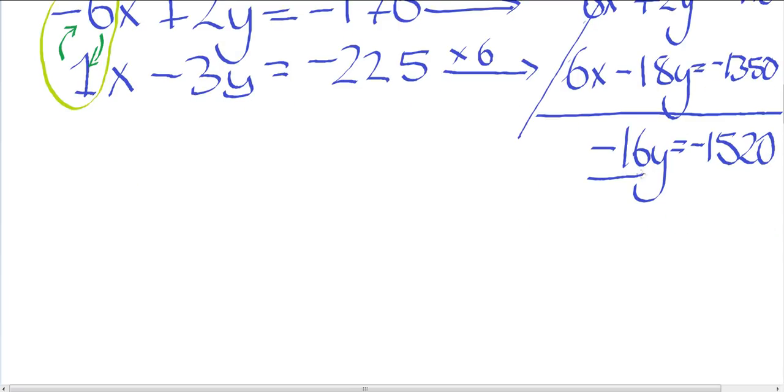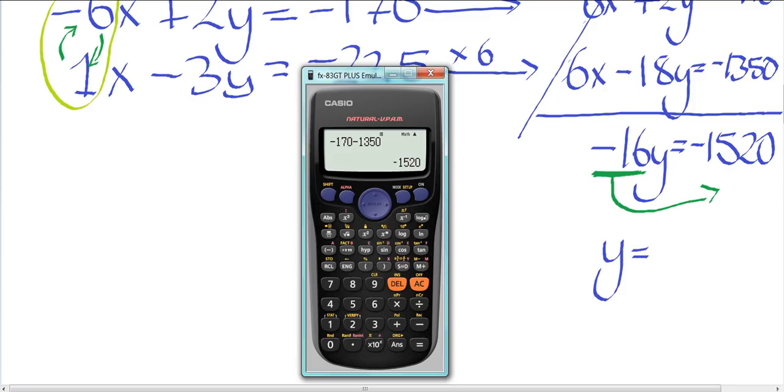Minus 16 has been multiplying on that side, so to take it across you do the opposite, you divide by minus 16 on the other side. So no change in sign there, you do the opposite of what's happening. So I can just go straight to the calculator, I have minus 1520, press the fraction button and divide that by the minus 16, and I get 95.